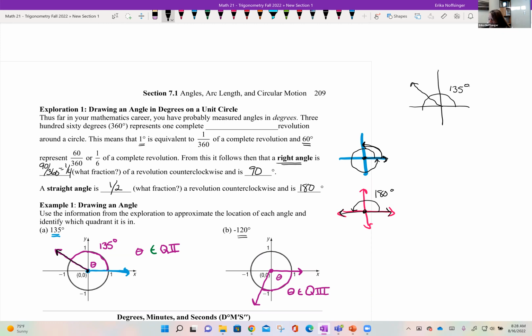So if we do that, making a full revolution plus that 135 degrees, that's 135 degrees plus 360 degrees, which is going to give us 495 degrees. So that's one example, but we could do 2 full revolutions from that terminal side, and that would give us another positive angle that would get us to that terminal side.